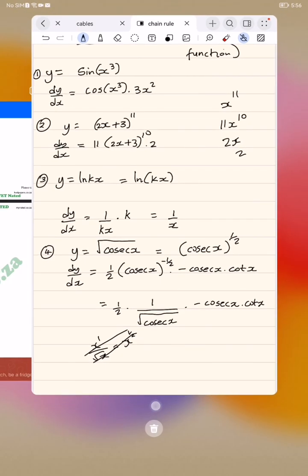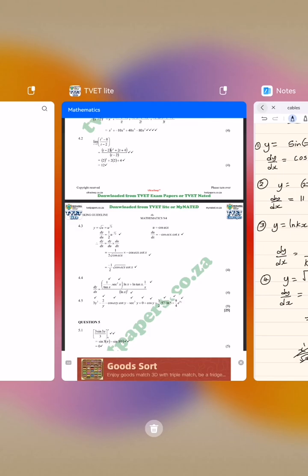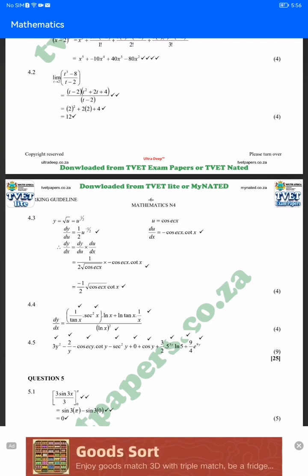Let's do the last one. I don't know why they do methods, and you see that method has 2 marks. We never used to do this. I used to lecture from 2018 to 2022 somewhere, and we never did this. Let's see another one.